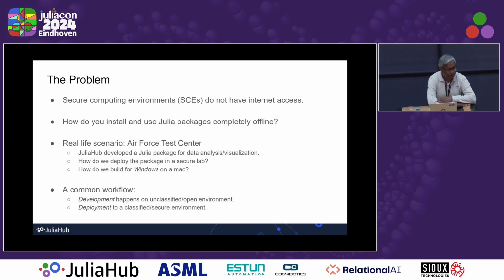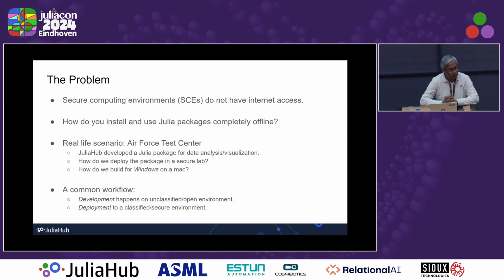As an example, we did work for the US Air Force, where a lot of the development can and does happen on unclassified or open environments. Again, there are obviously different definitions of open, but certainly, things where some version of internet access is possible in development.